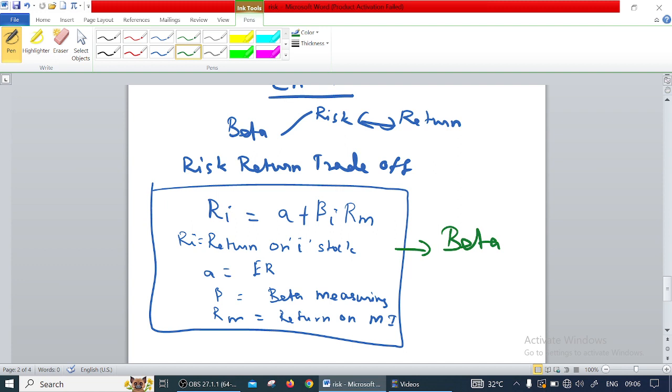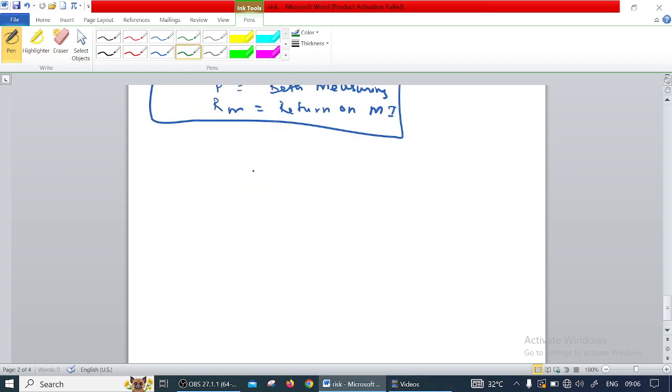So using the beta concept, the capital asset pricing model will help to define the required rate of return of a security. Now I can explain the formula for the CAPM model. Ri is equal to Rf plus beta i (Rm minus Rf). Rf is the risk-free return. Normally for risk-free we consider government securities, treasury bills.